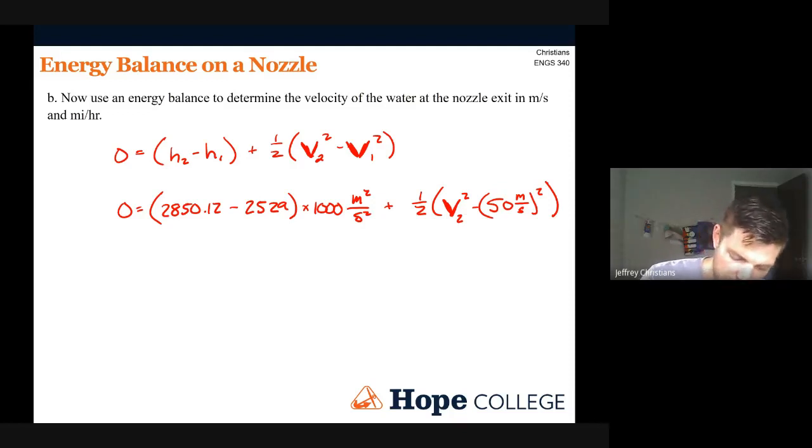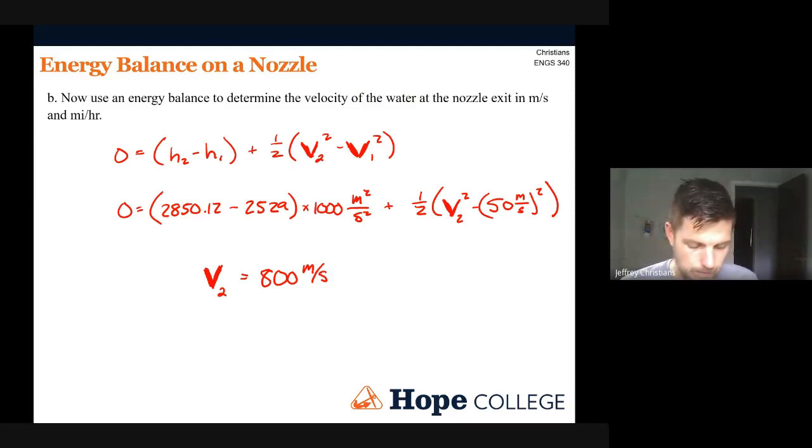And we could go through and we could solve for our final velocity. V2 is about 800 meters per second.